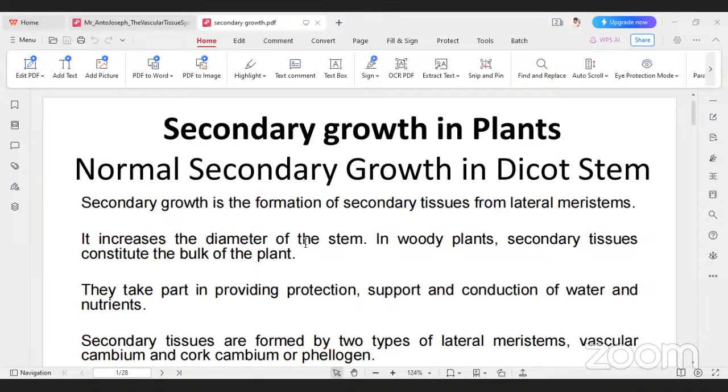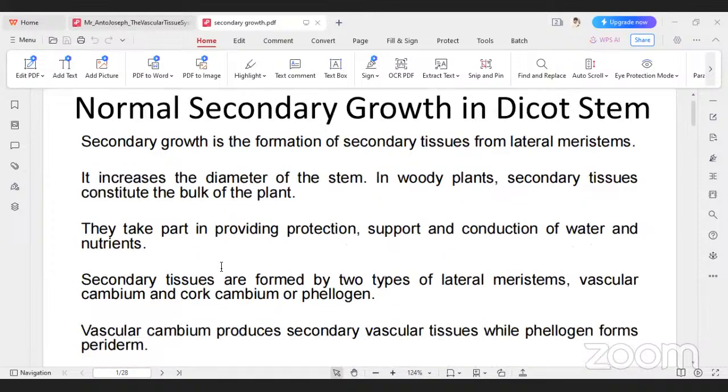Secondary growth increases the diameter of the stem. In woody plants, the secondary tissues constitute the bulk of the plant and are responsible for providing protection, support and conduction of water and nutrients. How is protection provided?